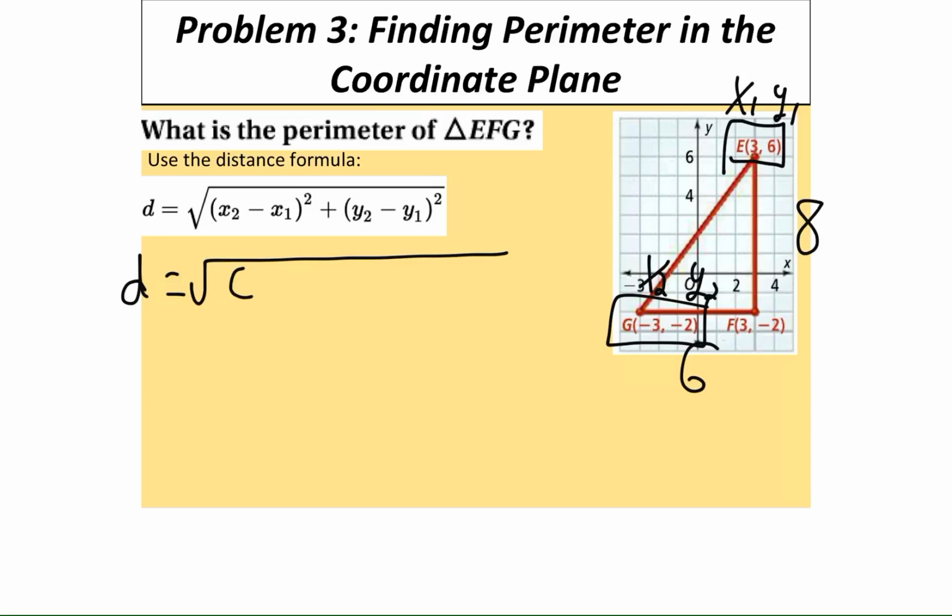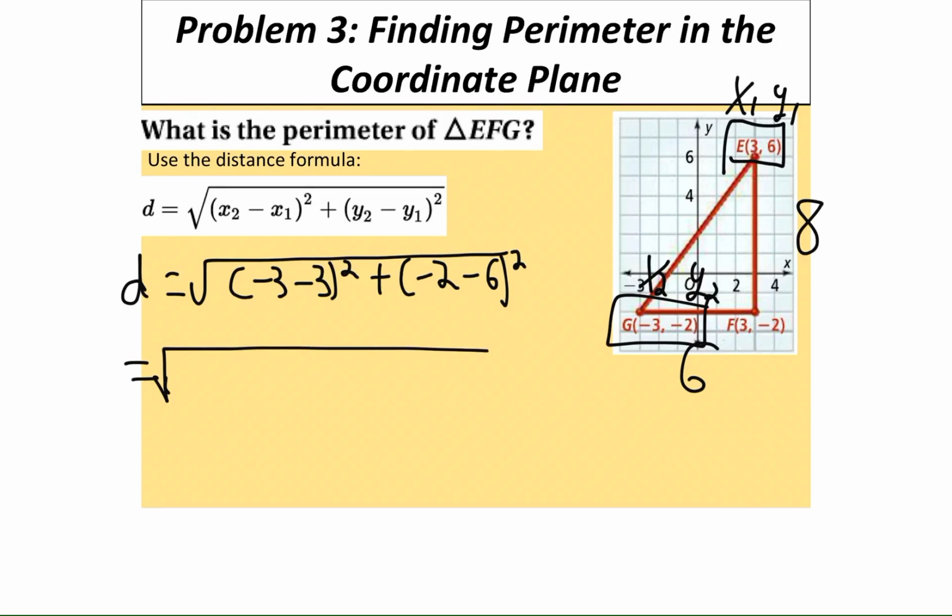So x2 minus x1: we have -3 minus 3, squared, plus -2 minus 6, squared. So -3 minus 3 is equal to -6, squared. -2 minus 6 is -8, squared.